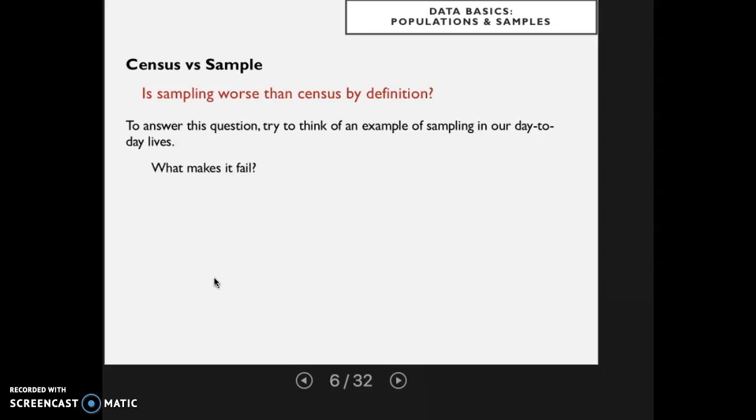sometimes sampling does fail. Let's go back to our example to consider when it might fail. When you're cooking and you're sampling a little part of your dish to determine how you should season it a little bit more, maybe, when can it fail? One thing that can make it fail is if there is a concentration of salt in a particular part of the dish, and you try that particular piece and go, oh my gosh, it's actually very salty, this is not good today, definitely no more seasoning.